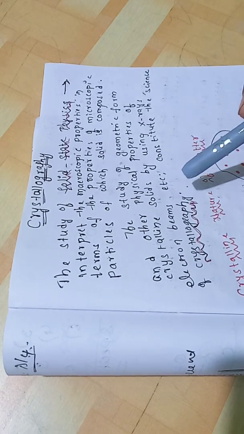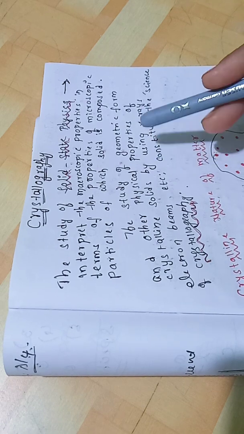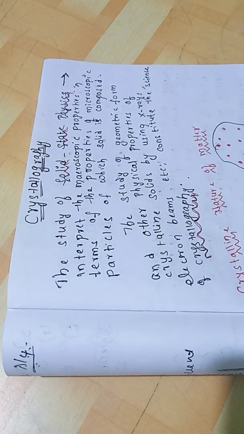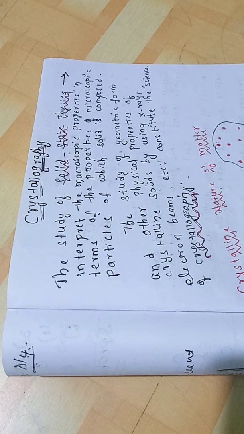We will study the geometric form and some other physical properties of crystalline solids. So, matter is divided into two things. One is the solids. We call them crystalline solids and amorphous solids.